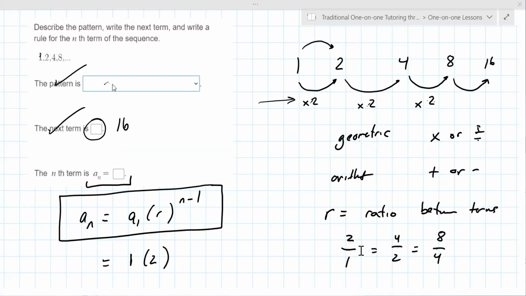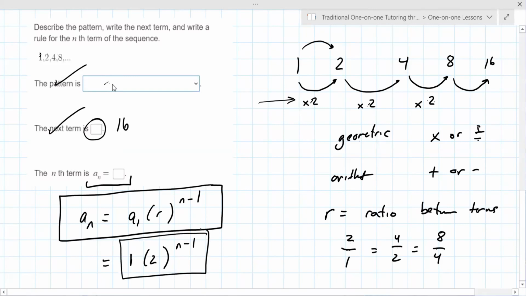Okay, because each of these equals 2. And then it's to the power of n minus 1. So somehow you have to get this part in the box into your thing there. And I'm happy to look at your screen and see if I can help talk you through it.